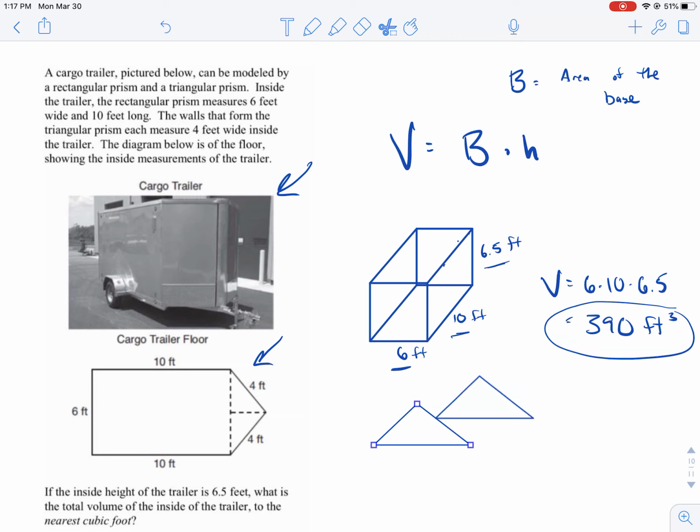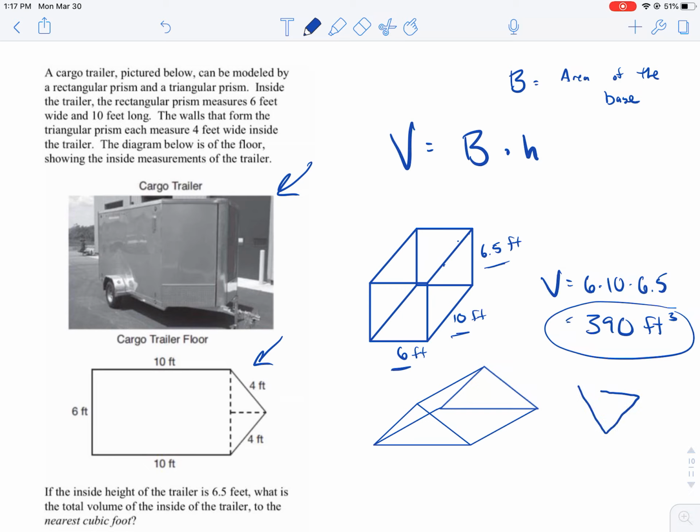Okay, so what we're looking at, actually, let me go back. I want to spread out just a little bit more. All right, so there's our triangular prism.